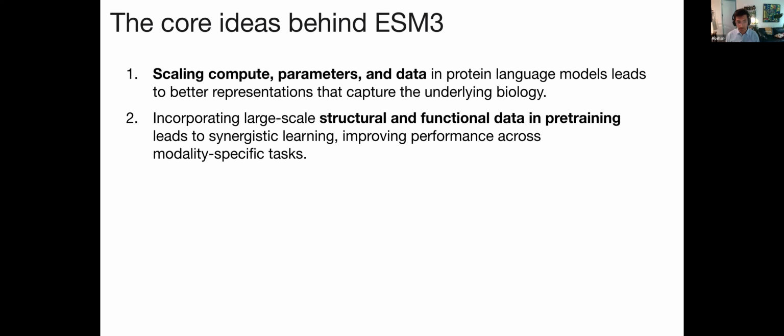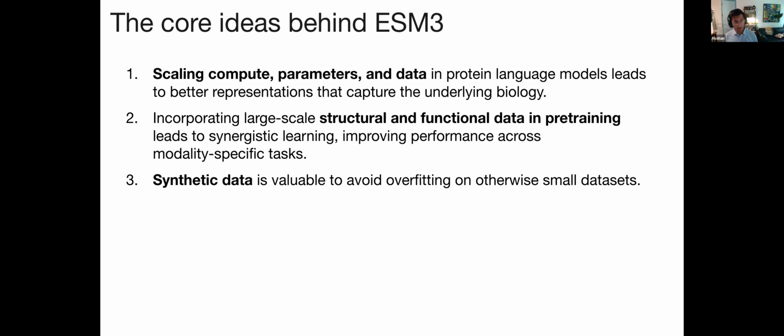Anything else they learn is purely happenstance: if it's helpful for learning the statistics of the sequences, then the representations will capture this underlying information. But we've seen in areas like natural language processing that it's better to train on the set of all the things you want the model to be capable of, and then to fine-tune or prompt the model to do the task you're particularly interested in. So incorporating this data, we thought, would steer the model toward learning representations particularly useful for tasks that have structure or functional components.